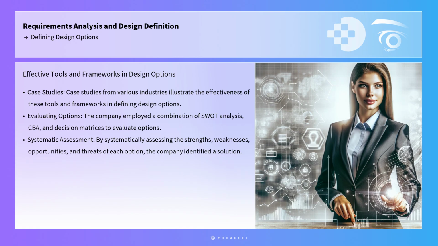By systematically assessing the strengths, weaknesses, opportunities, and threats of each option, conducting a cost-benefit analysis, and comparing options using decision matrices, the company successfully identified a hybrid solution that improved customer satisfaction while optimizing costs.